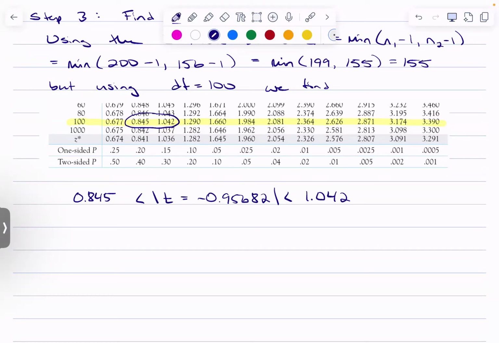Now I've seen mistakes happen, especially in a test situation. If you tell me that it's between 1.042 and 1.290, that's wrong. But as long as you follow through with those numbers that you gave me, then I'll take half a mark off for doing it weird.